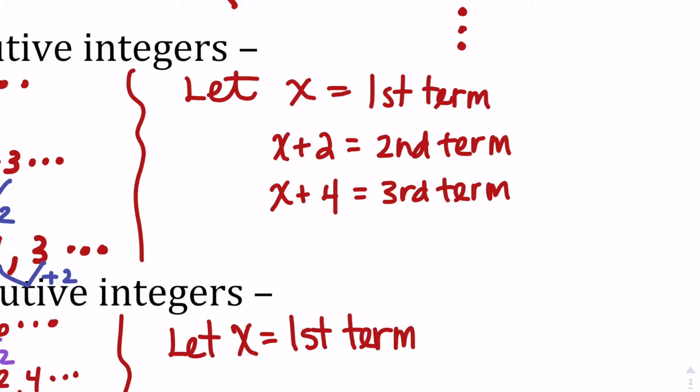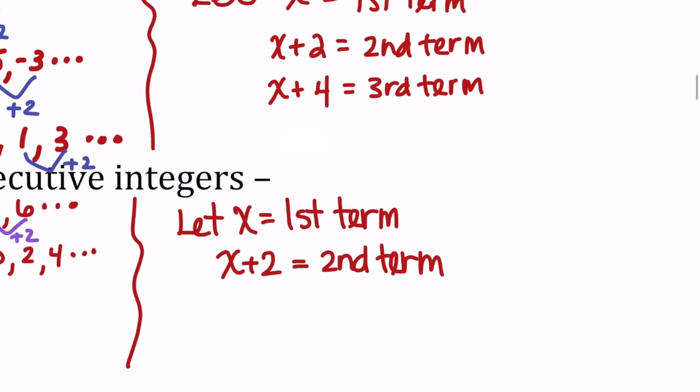And x plus 2, think about it. The first term is 100. The next term is you add 2 more to get to the even number. So you add 2. That's the gap. Equals second term. Then you have x plus 4 equals the third term.